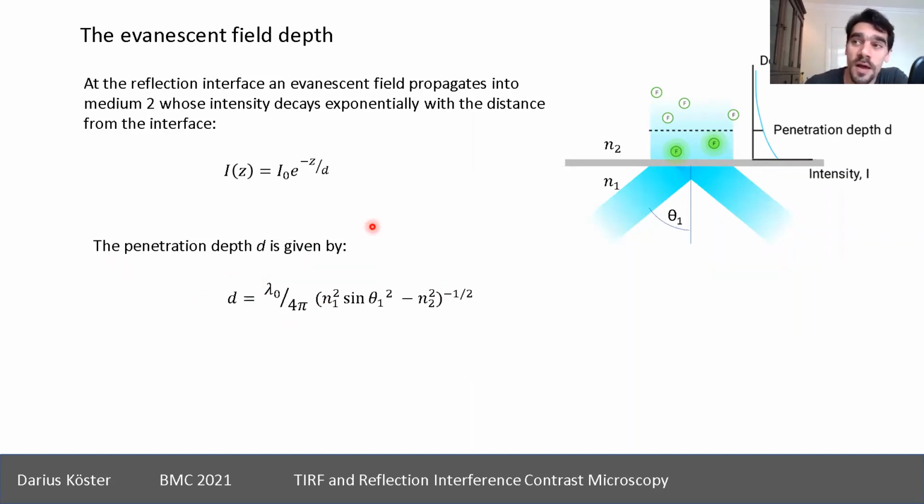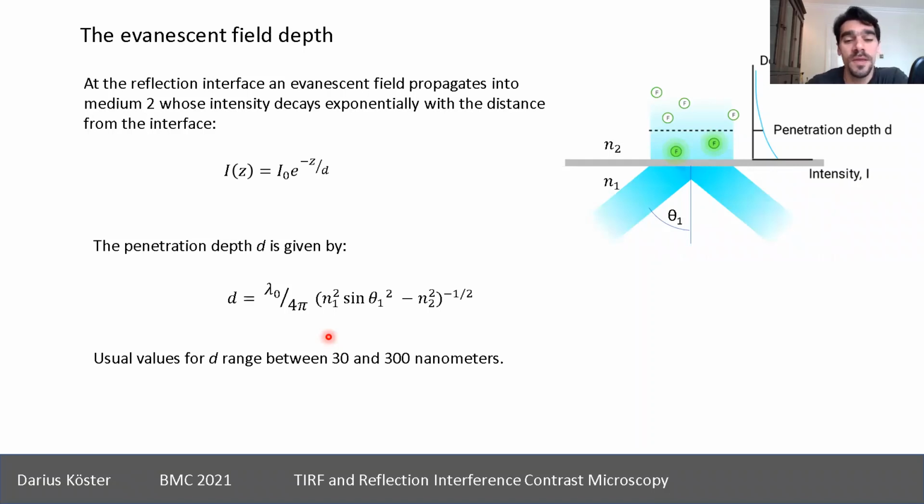Then we can also ask what happens with the intensity values. Just to give you an idea, the penetration depth can range between about 30 nanometers and 300 nanometers. So there you see the value of this surface-sensitive technique.